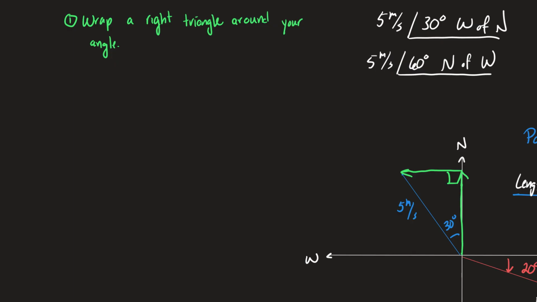This is going to give me how much of the wind is to the north and how much of the wind is to the west. This is going to be us breaking our vector into its components. So after we wrap the triangle, we use trig to find the sides.